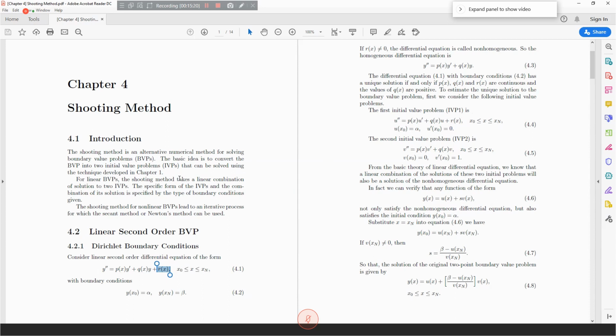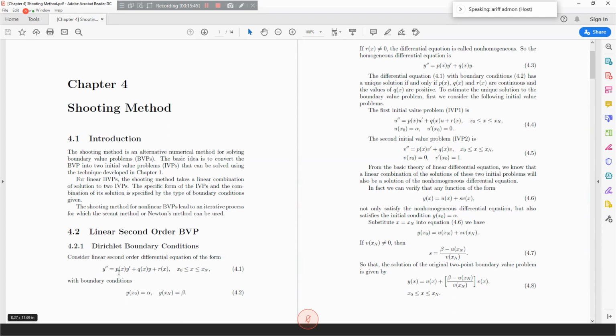Previously I mentioned that we have to reduce the BVP to two different IVPs. So this is your IVP1, this is your IVP2. For IVP1, we are just copying our boundary value problem, equation 4.1.